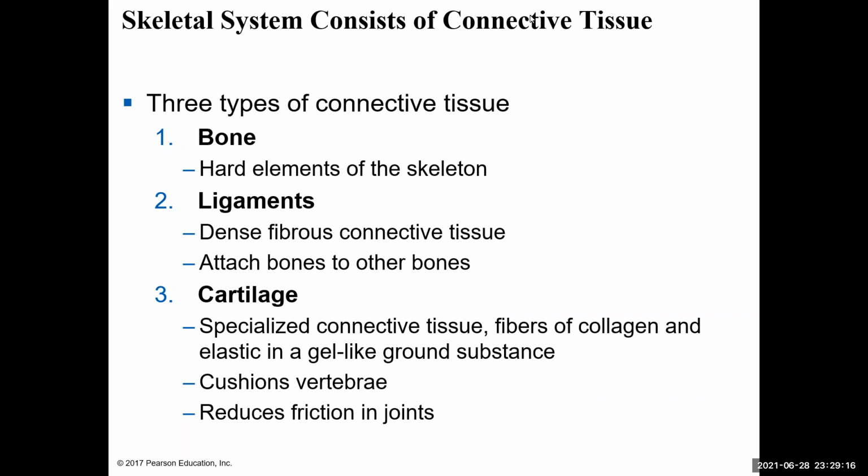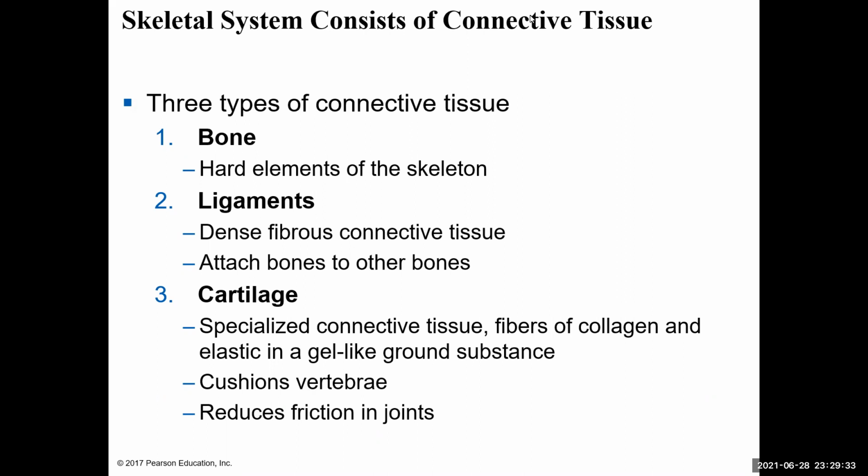And that ground substance is very elastic, which allows for flexibility. And then you combine that with the collagen fibers. It makes for a unique structure that has a lot of different functions around the body.